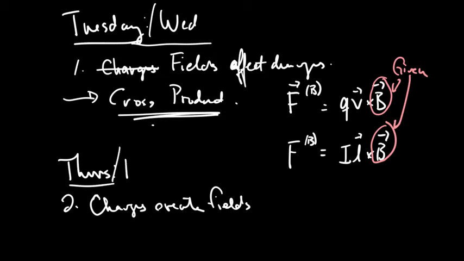Thursday and then Tuesday next week, we will look at both of the equations that we drew on the other page, and we'll start thinking about how we actually go about calculating these things. And then we're going to think about some of the different rules that we're going to come up with, and we're going to find out that not only do fields affect charges, but, well, we'll get to that next week.